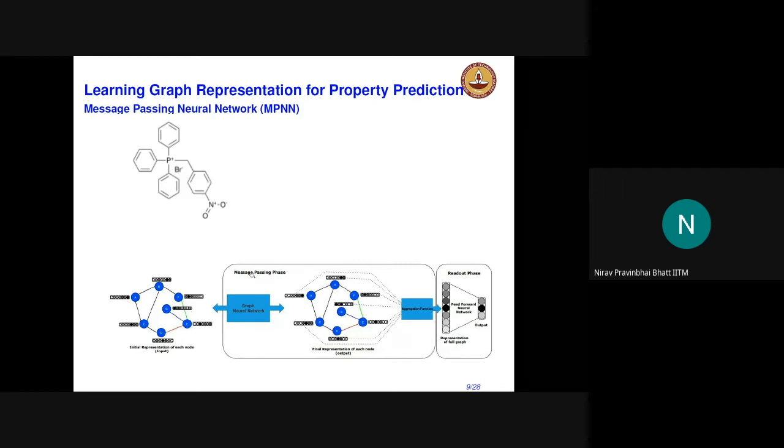Finally, at the end of the message passing phase, you have a new representation for each of these nodes. Once you have this representation, you aggregate it using aggregate functions, in what is called the readout phase, where you use a simple feed-forward neural network to produce what you can see as the fingerprint of each molecule based on these graph neural networks.